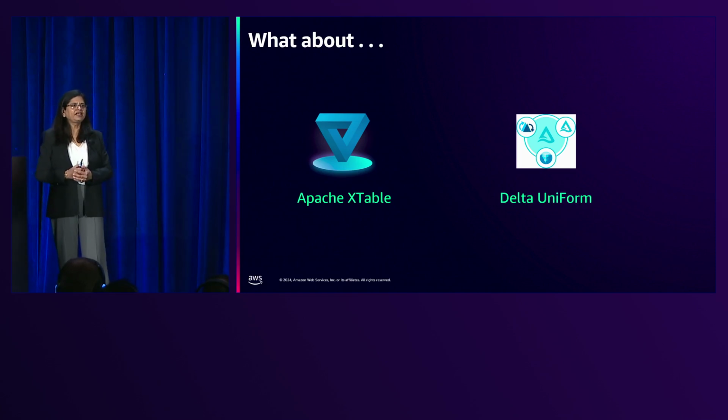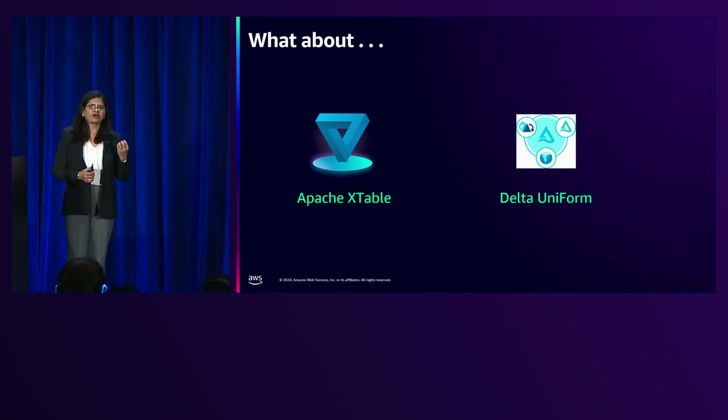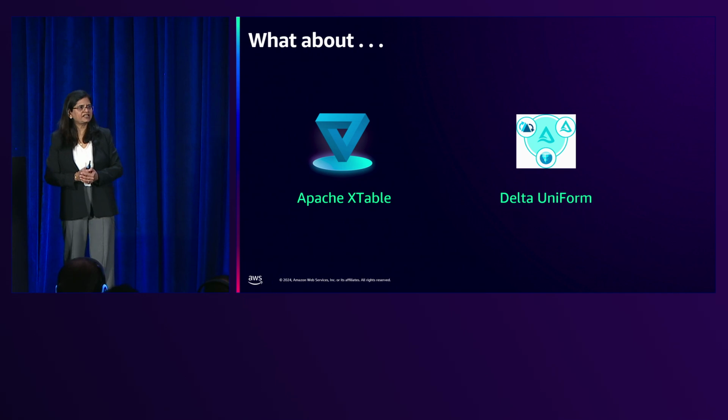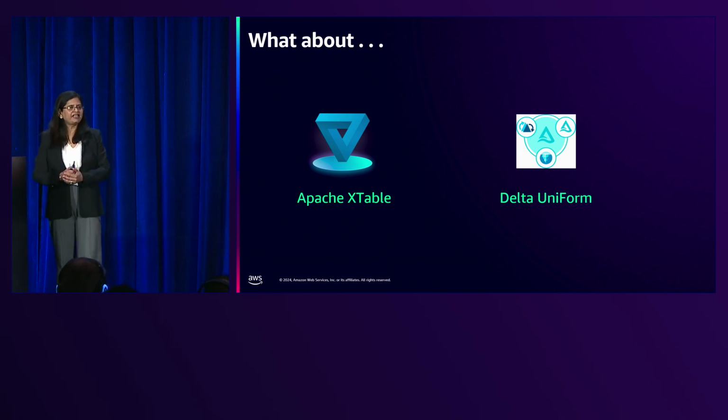So Xtable gives you the ability to read the metadata from Iceberg and Delta Lake. It's a project that was started by the company that commercialized Apache Hudi, and they have open sourced this project, and they are working on providing that interoperability so that you can interoperate among these three open table formats as well.